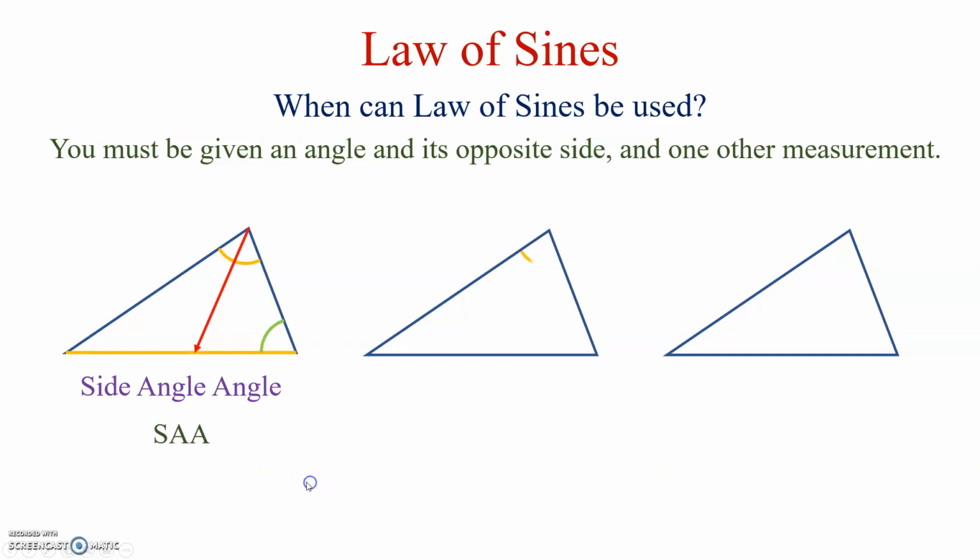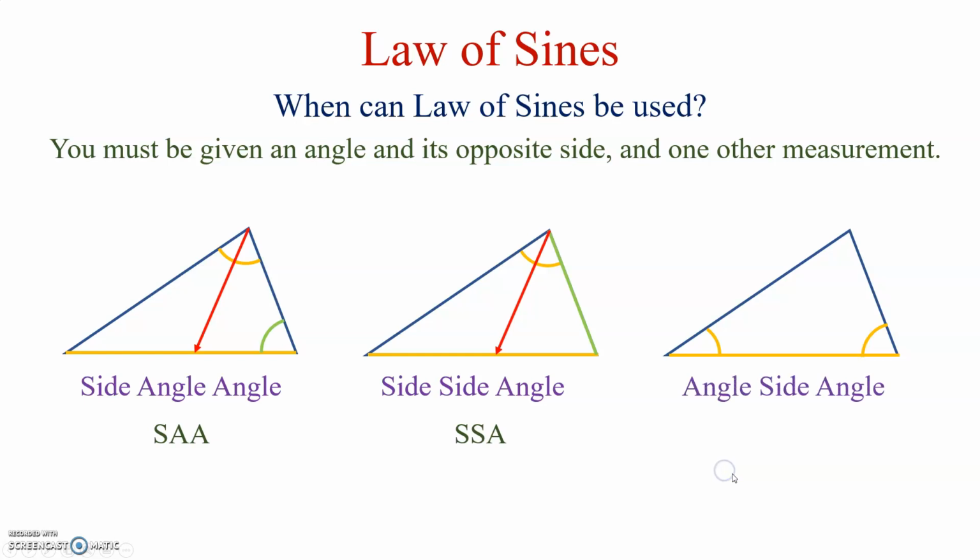Second situation, if I start with the angle and its opposite side, and now the second bit of information is a side, back in geometry, side-side-angle, or SSA. Third situation is a little bit different. Here, if you're given an angle, a side, then another angle, angle-side-angle, or ASA.